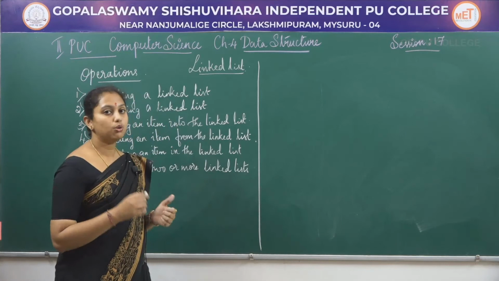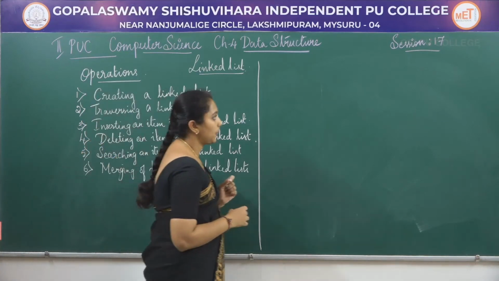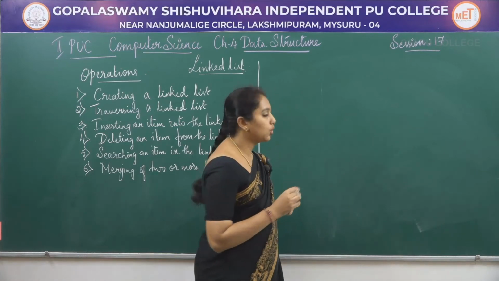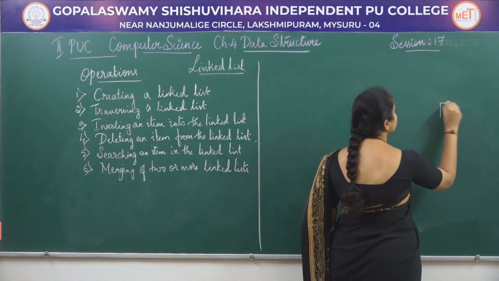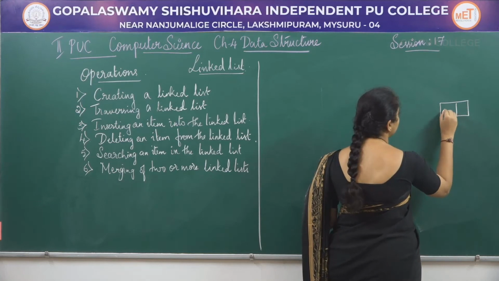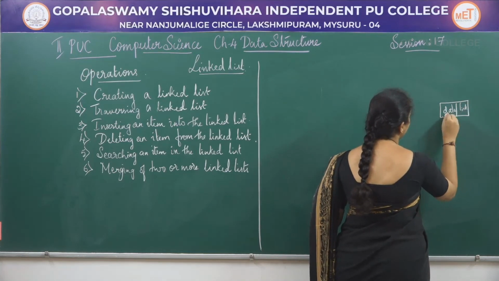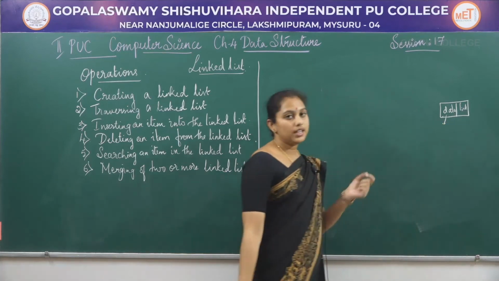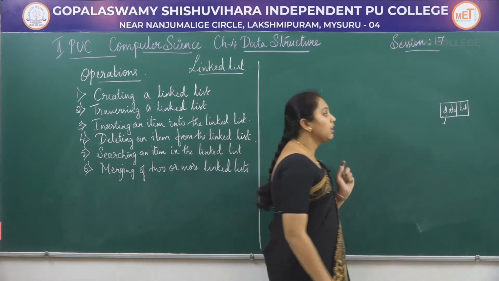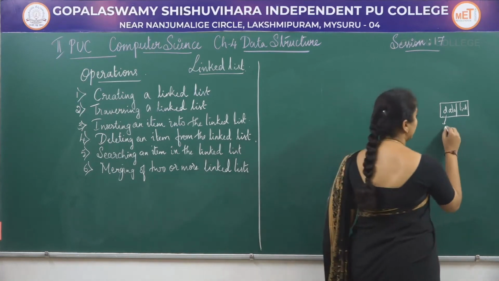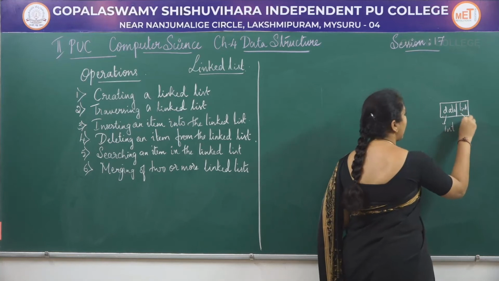Now let's see how to create a node. While creating a node, first we have to know that the node contains two parts: the data part and the link part. The data part contains the information. For example, it may store only numbers, so the data type will be int.